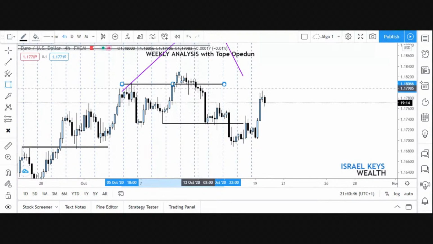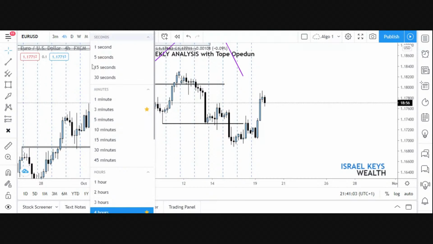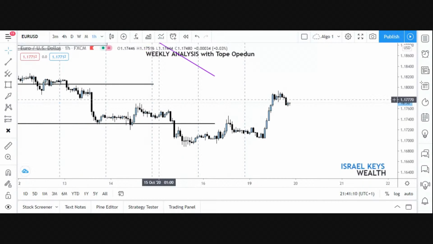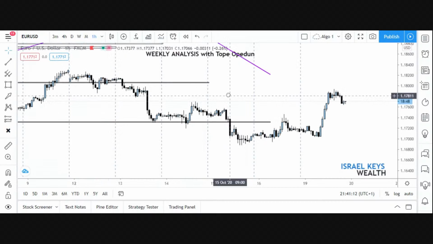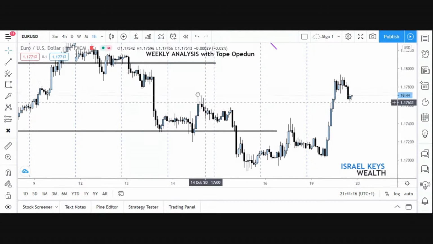So if we drop down to H1, we should be able to find something within this range. And okay, looks cool. There's something in the range.